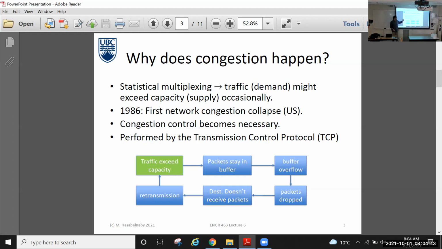So that's why the communications engineers designed the transmission control protocol. So transmission control protocol is used to provide congestion control over the network. Everything is clear till now? Okay.